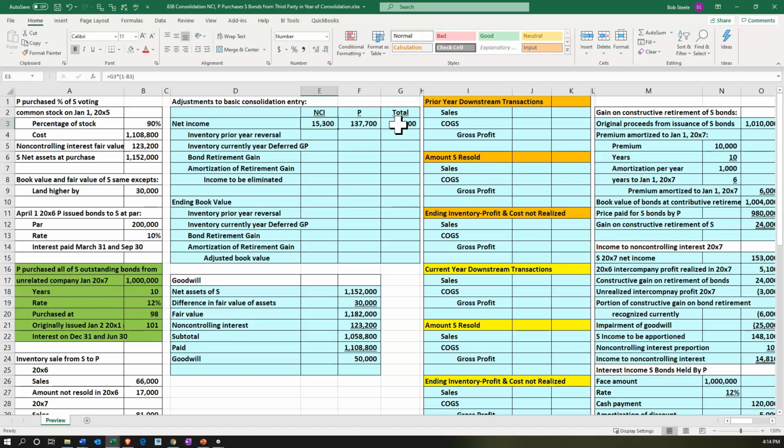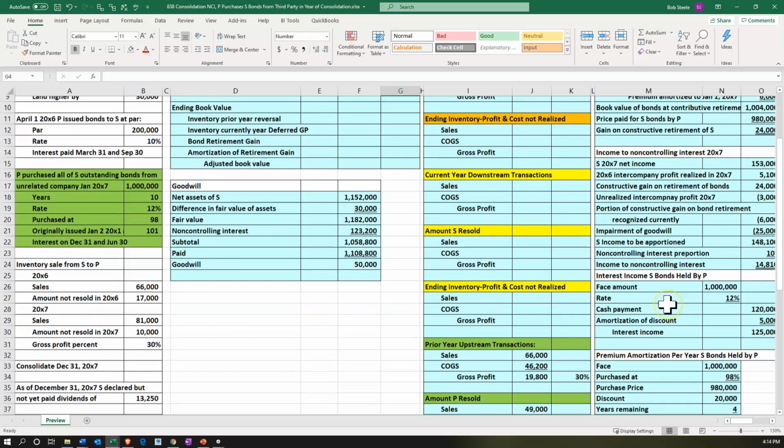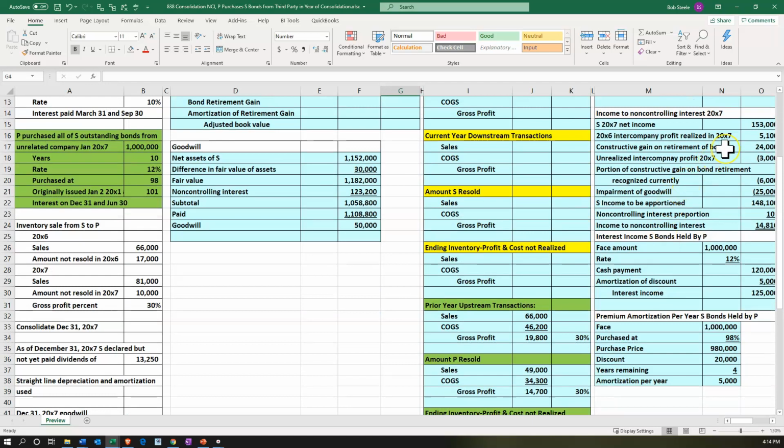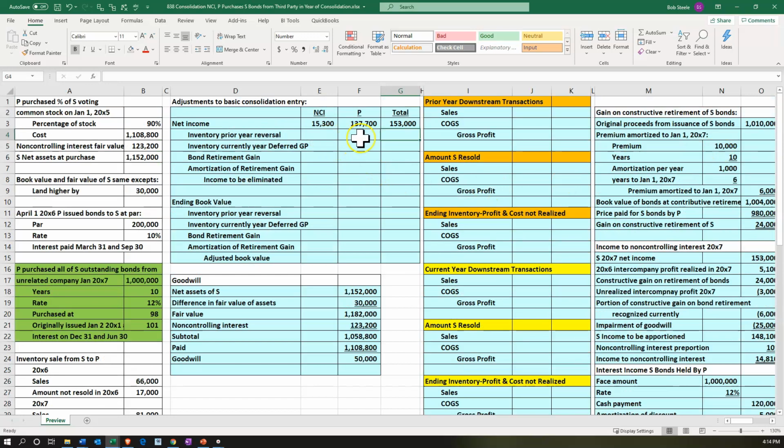Then we've got the inventory prior year reversal. Notice we did some of these already with the calculation down below, so this will be a similar process. These two deal with inventory, so this is the prior year reversal.